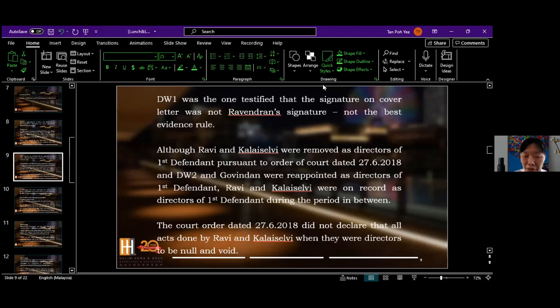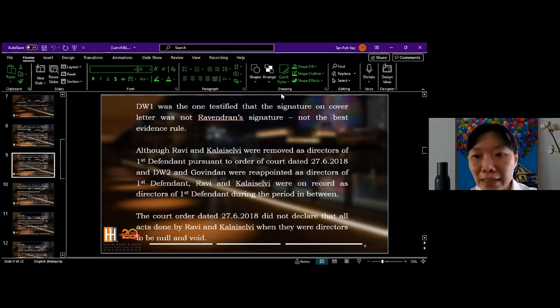That means from the appointment in 2016 until June 2018, their names were on the record as the first defendant's directors. So it's also important to note that the court order did not declare all acts by Ravi and Kalai Selvi to be null and void.